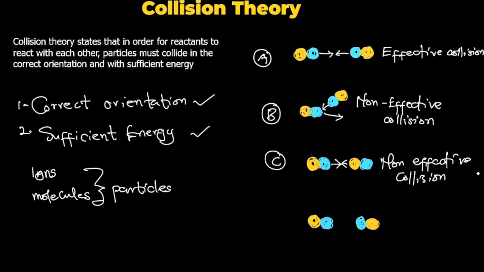Now, in the last example, let's say that these two are oriented correctly. So this is D. I will say that the particles have the correct orientation. But then what's happening if they do not have enough energy? They simply bounce off each other. So again, non-effective collision.